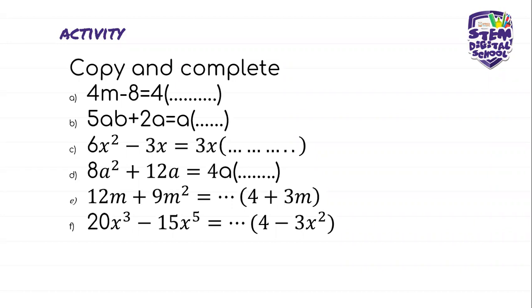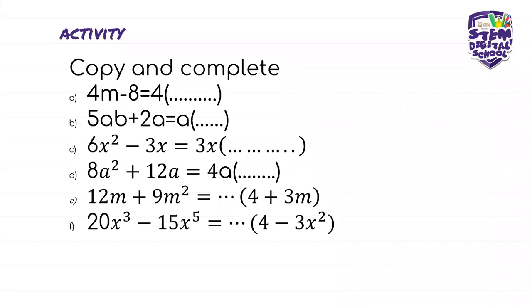In E, you can see again we have a binomial, 12m plus 9m squared. If you have to copy and complete the table, the hint that has been given is that you will probably have a number outside here and then multiplied by 4 plus 3m.